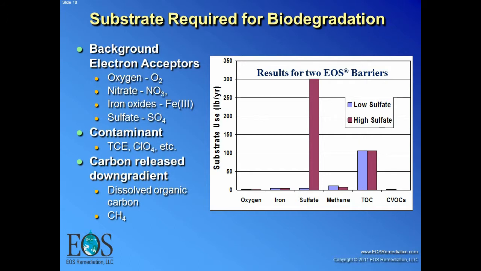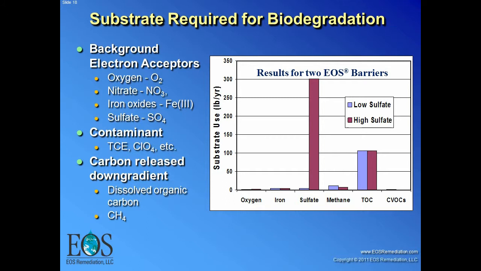What you see is the amount of EOS being consumed for oxygen and iron and the chlorinated VOCs was really absolutely trivial. Methane is significant, but it certainly was not the major component. The biggest thing is just dissolved organic carbon, TOC, being released downgradient.